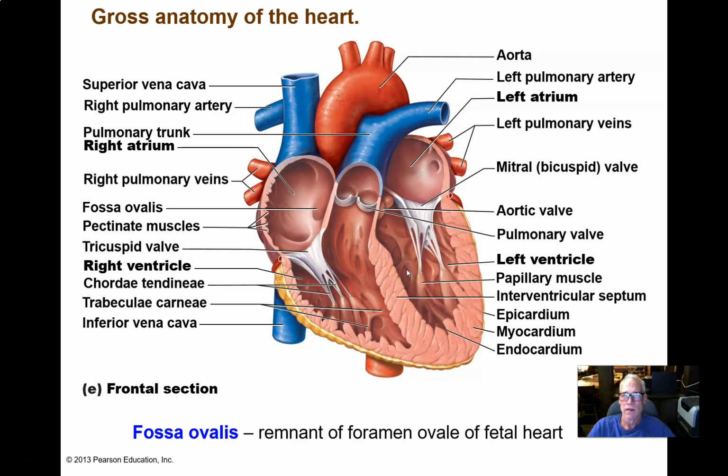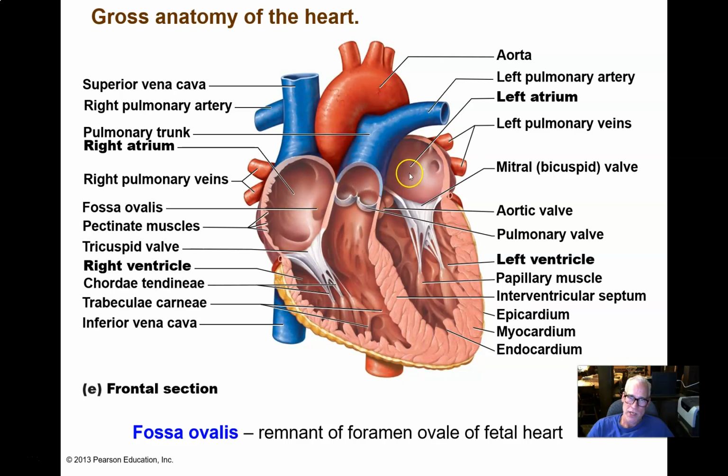All right. One last thing we should mention. In the fetal circulation, blood can sneak from the right atrium right through a trapdoor over into the left atrium to go to the systemic circulation. That opening was called the foramen ovale, the oval foramen, to let blood across from the right side to the left side.